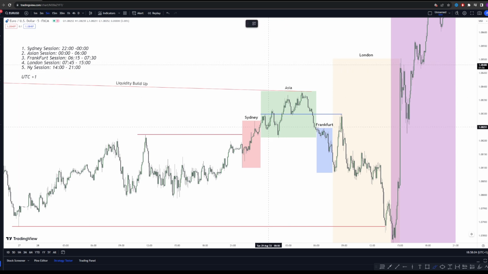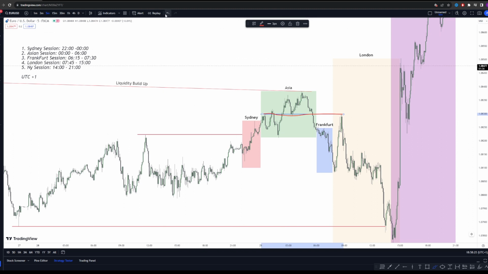With that said, we see our Asian range here denoted in green. Now, there's several keys to the Asian range, one of them being the equilibrium point, which is the 50% of it, which is where you see the most of your interactions within the range. And it's a key price point for the upcoming Frankfurt London session.